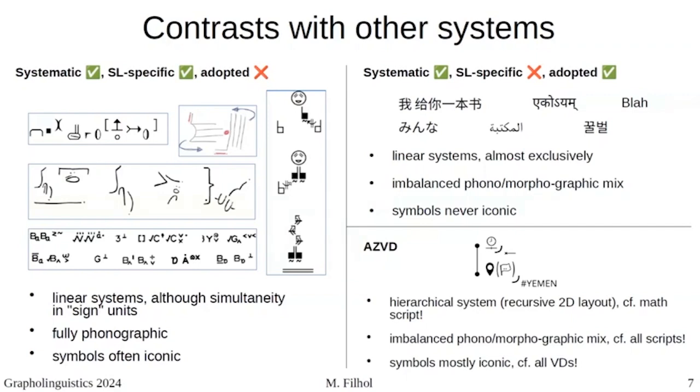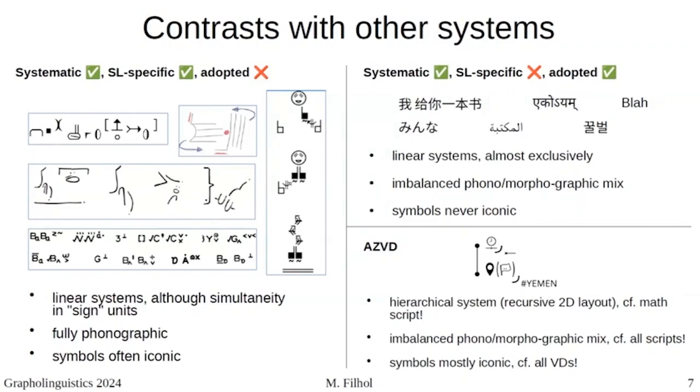Contrast with other systems. You've seen some stuff like this, I think, earlier. Maybe not. Maybe it was never shown. It was mentioned. Sign writing is here. That was shown earlier. The Stokoe notation and other systems. So these are the propositions that have been out there.